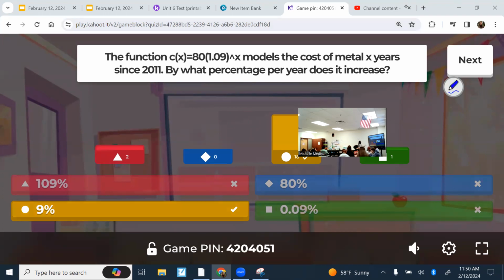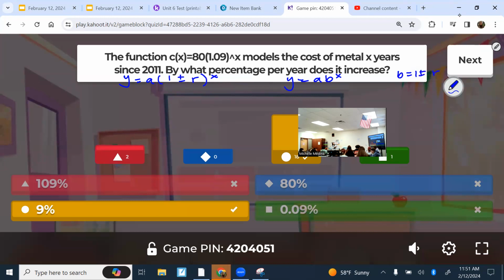And since our answers are in percentages, maybe refer back to that one equation that allowed you to plug in a percentage. This one. So the only difference from this to our normal one is that b is replaced with 1 plus or minus r.